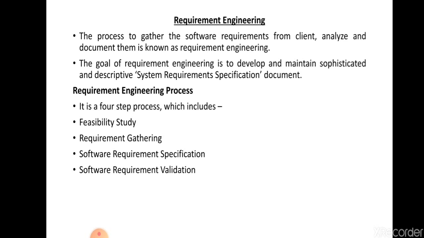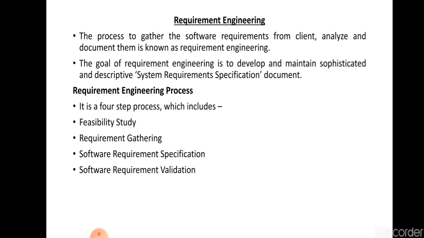So the goal of the requirement engineering process is to develop and maintain the software requirement specification document, because this document consists of the information or data gathered from the user. The information gathered from the user is analyzed and documented.